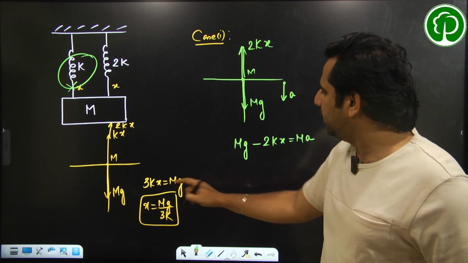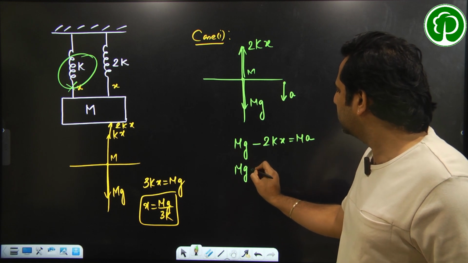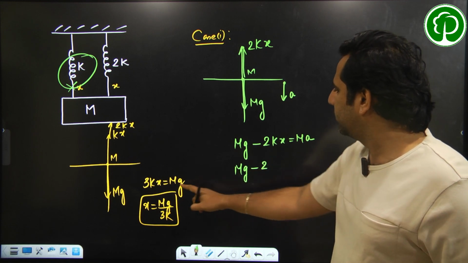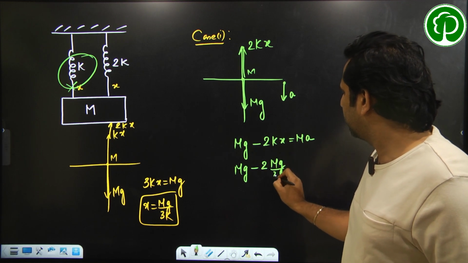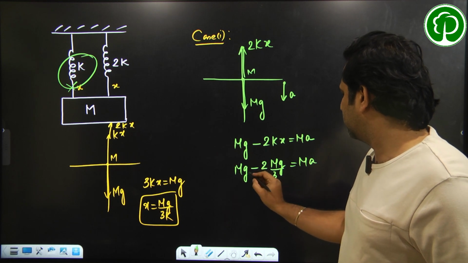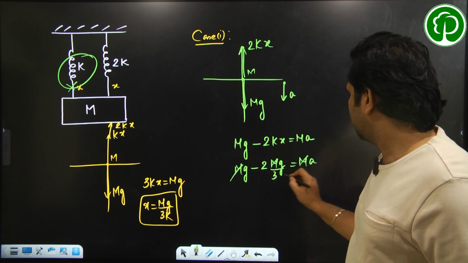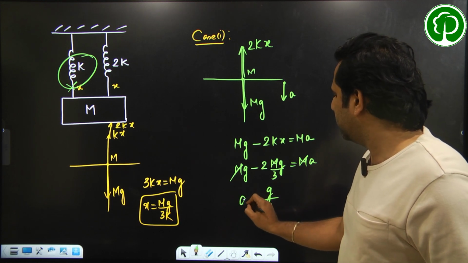Since mg is equal to 3kx, kx is mg by 3, so mg minus 2mg by 3 is equal to m into a. So m is gone, g minus 2g by 3, that is g by 3, which is equal to a.